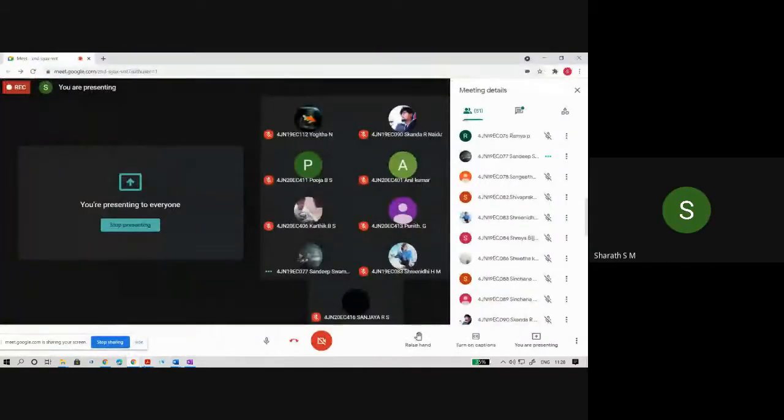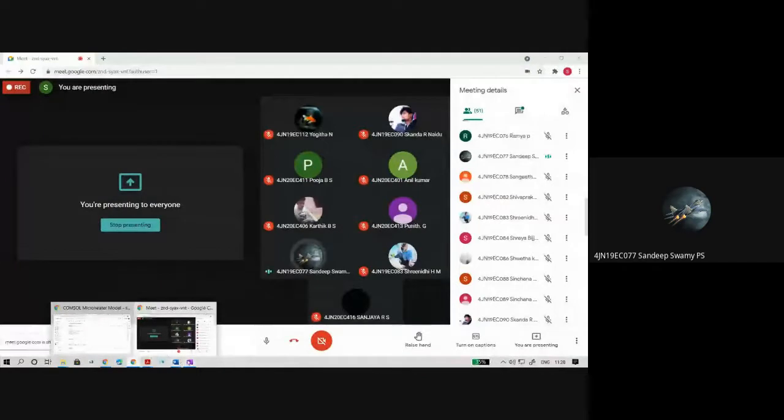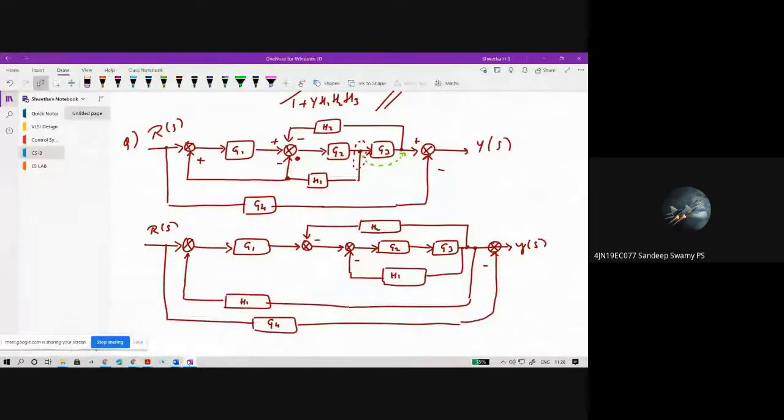Ramya, what is the alteration we need to do once we shift the takeoff point from left to right? Multiplication. Multiplication or division? Check. Sir, multiplication.